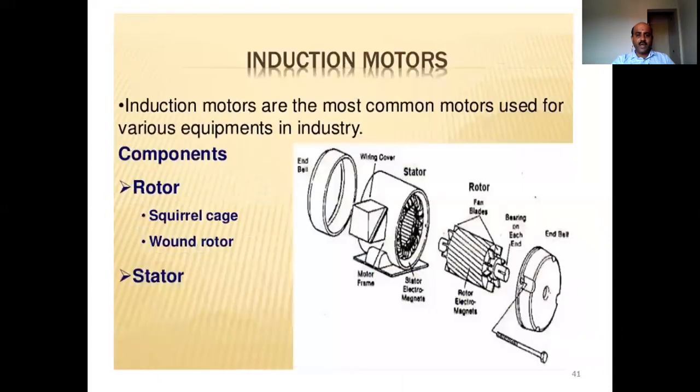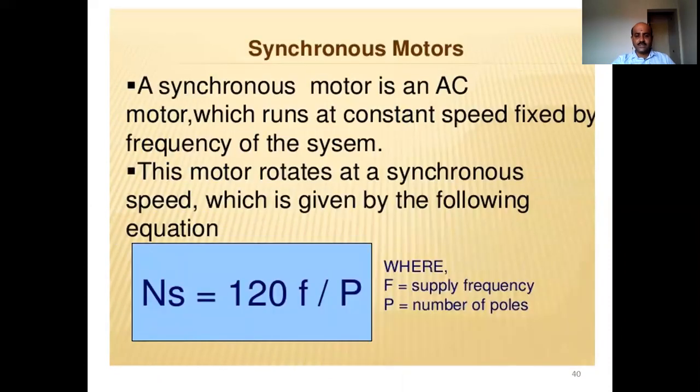Here we have two classifications of AC motors: one is called a synchronous motor, another is called an induction motor. What is a synchronous motor? A synchronous motor is an AC motor which runs at a constant speed fixed by the frequency of the system. This motor rotates at a synchronous speed which is given by the equation Ns = 120 f / P, where f is the supply frequency and P is the number of poles. This is the expression we use for calculating the synchronous speed.